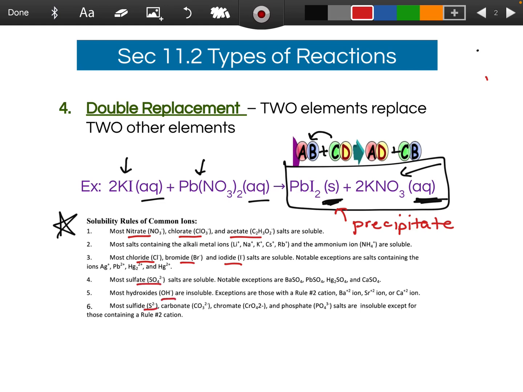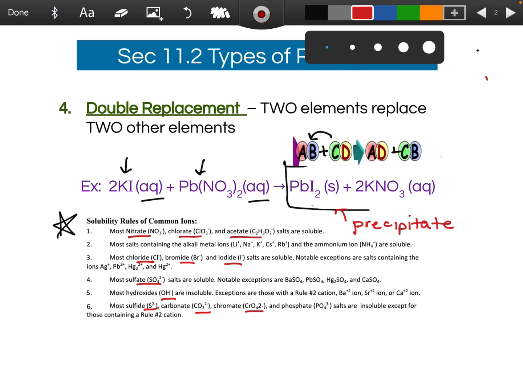Sulfates, hydroxides, all of these are negative ions. So usually you can look at the negative ion and use that to figure out which solubility rule you are going to use. The one that doesn't focus on the negative ion is rule number 2.